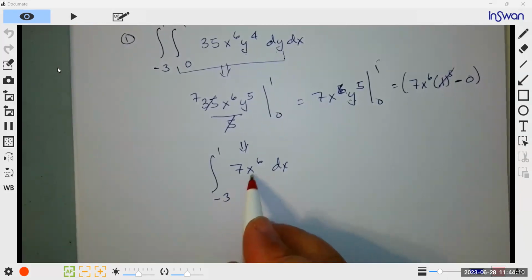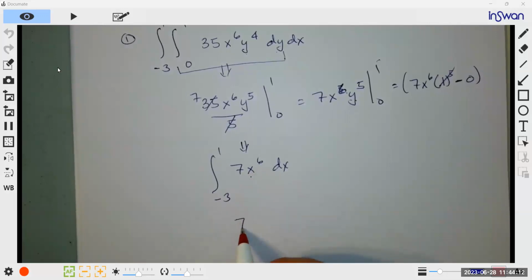Now we have to take this integral from -3 to 1 with respect to x. So the integral of x to the 6th is x to the 7 over 7 from -3 to 1.